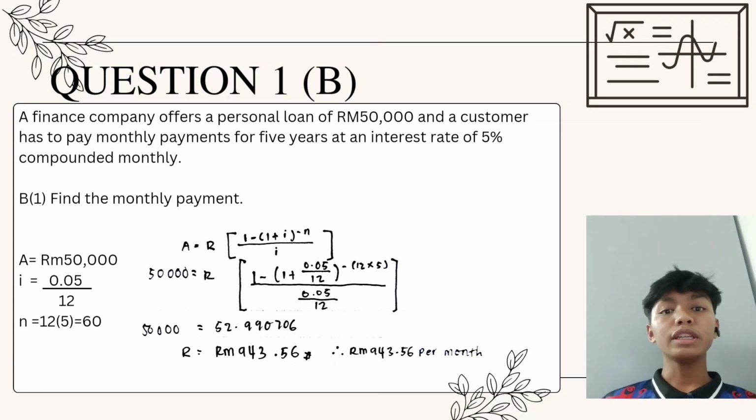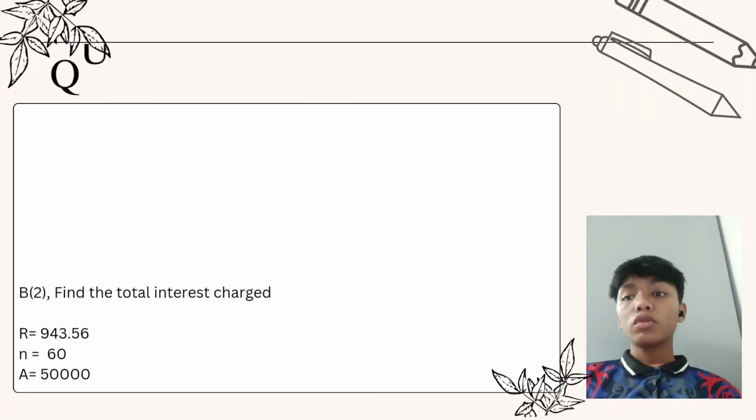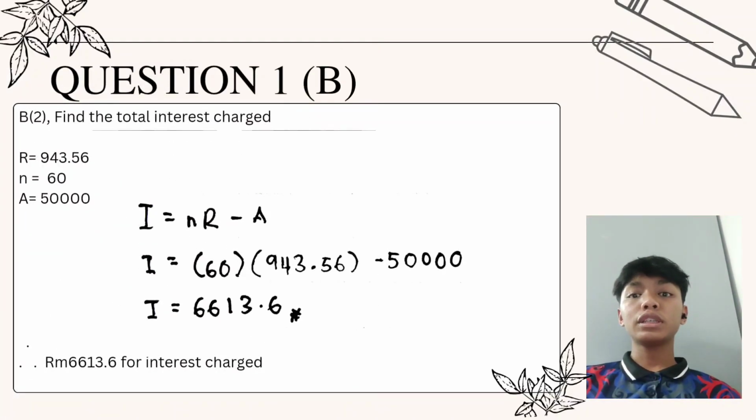So 50,000 equals R times (1 minus (1 plus 0.05 per 12) to the power of (12 multiplied by 5)) over 0.05 per 12. Then 50,000 equals R times 52.990706. Then we calculate and get RM943.56 per month.